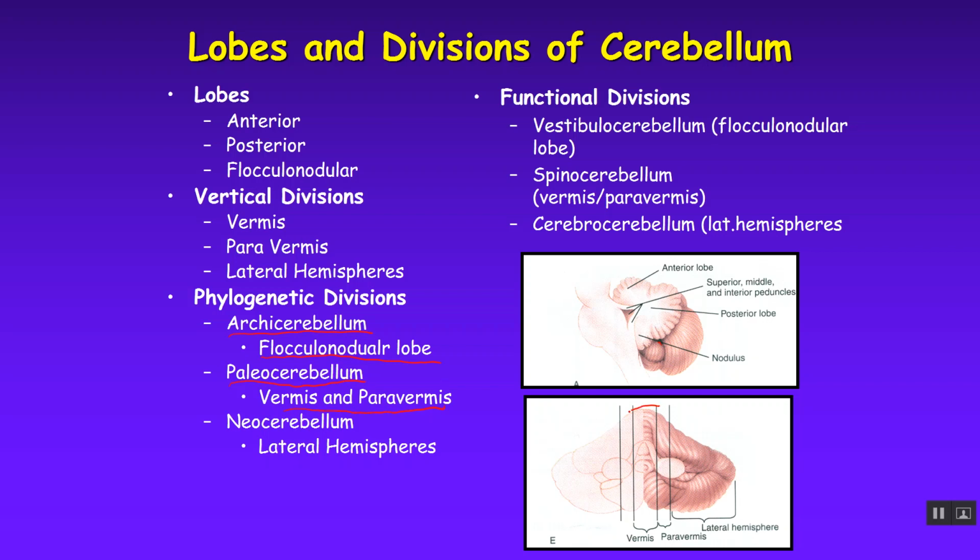This whole area right here in the middle is the paleocerebellum. Then the neocerebellum, the newest, most sophisticated, which helps with distal control of our body, is the lateral hemispheres out here. So the phylogenetic divisions are a mix between looking at the lobes versus the vertical divisions.